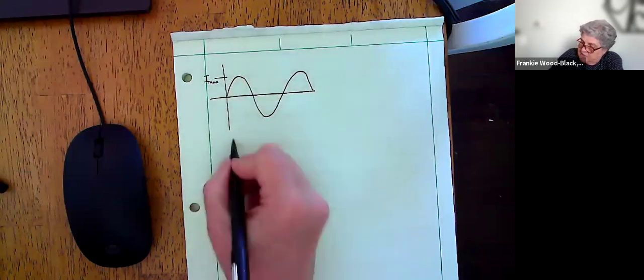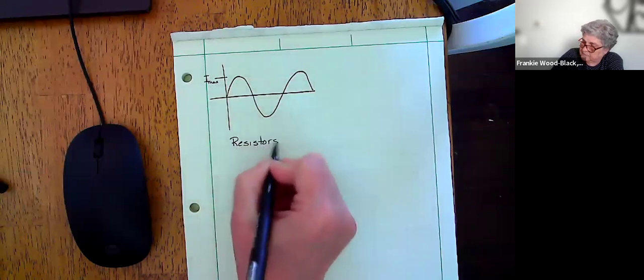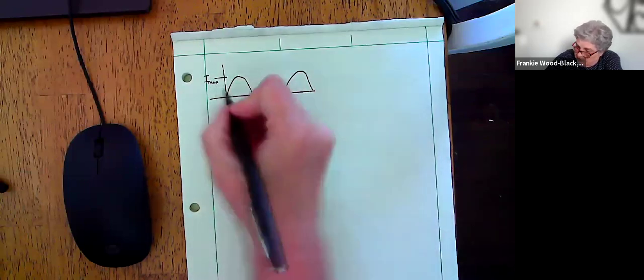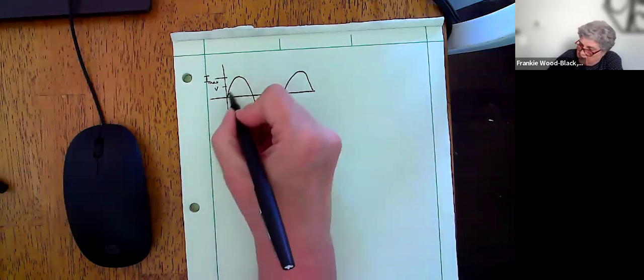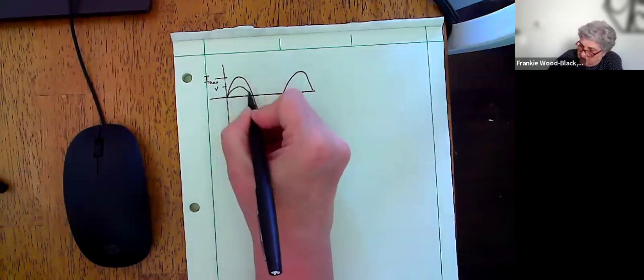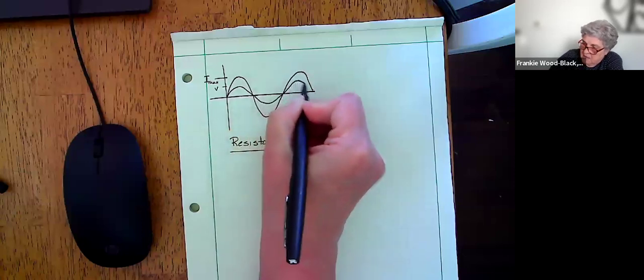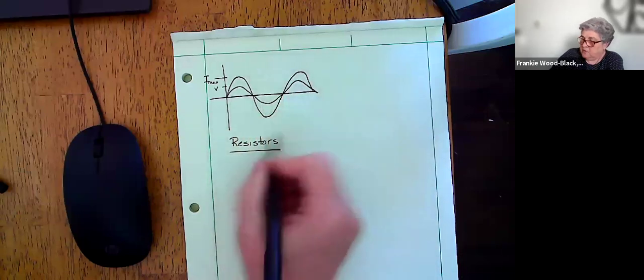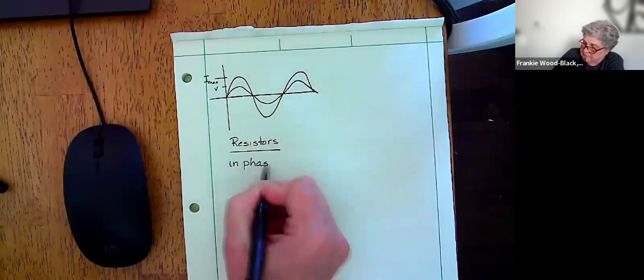And I only have resistors. The voltage max is going to be what we call in phase. So for resistors, the voltage is going to be in phase with the current.